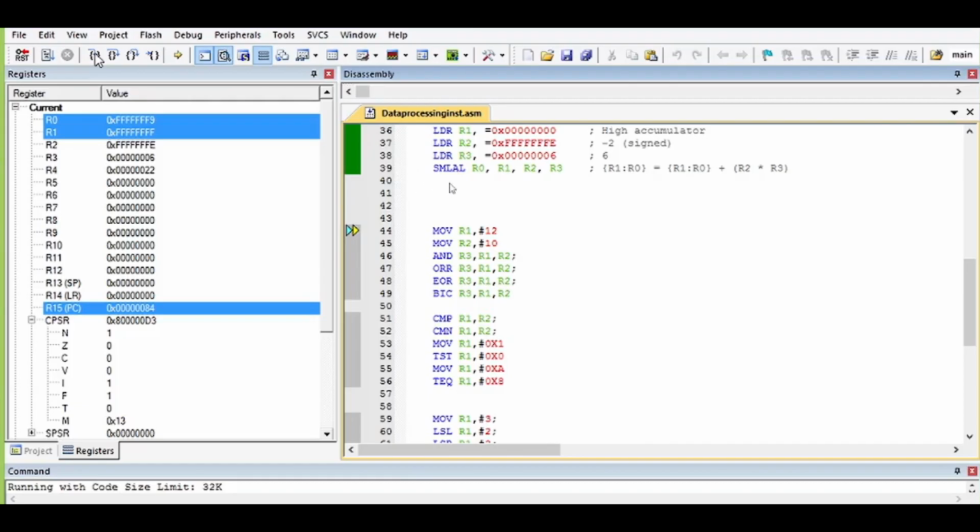If you see here, this together forms the result of signed multiply accumulate long, where the R1 content is the higher data bits and R0 forms the lower data bits. Higher 32 bits are stored in R1 and lower 32 bits are stored in R0. These are some of the multiply instructions available in ARM.